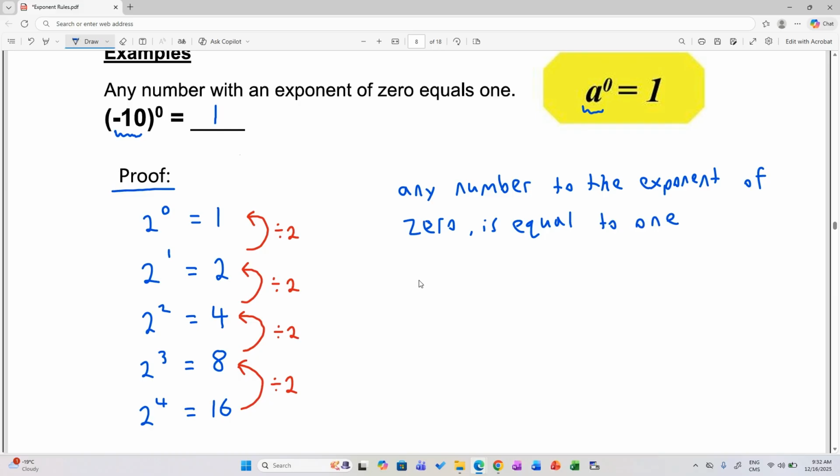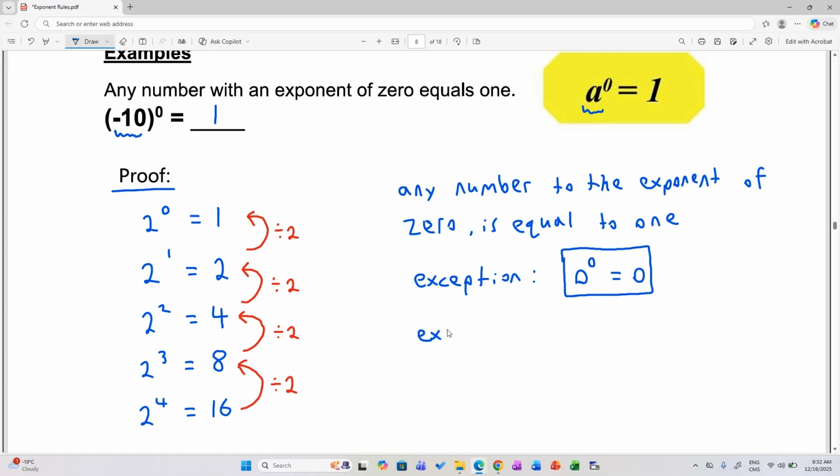Now we do have an exception though, right? So I have one exception. My one exception is 0 to the power of 0. If I have 0 as my base and the exponent is 0, I'm simply going to equal 0. That's the only exception. So everything else, though, is fair game.